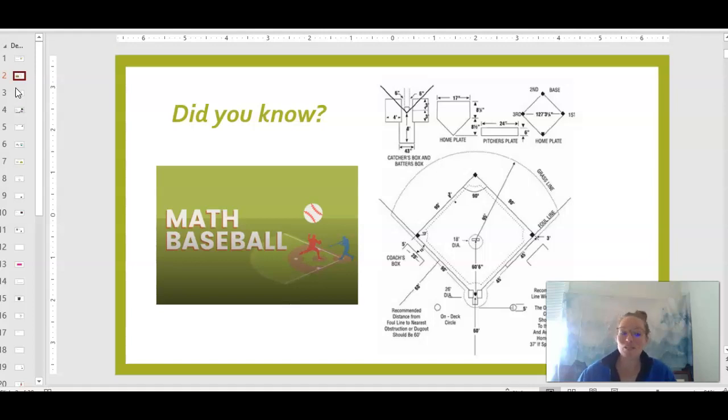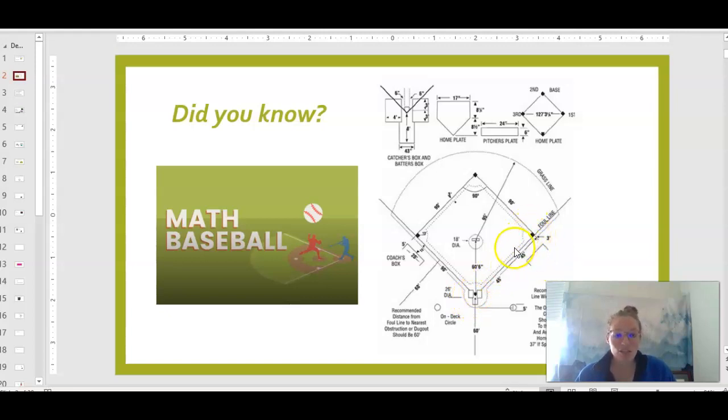One of them, especially geometry, as you can see on this slide, is used in baseball. Math is used in sports statistics, but the baseball field and all the different areas have to use precise mathematical and geometric calculations, especially the angles.